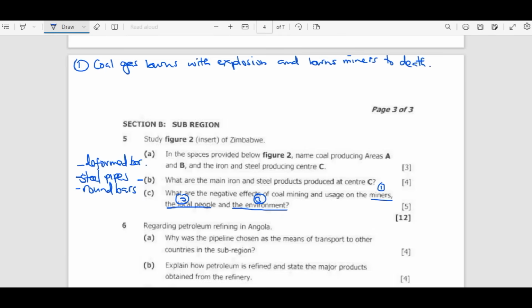So it can lead to death. And then the other one is lung diseases, or we can say respiratory diseases to miners.